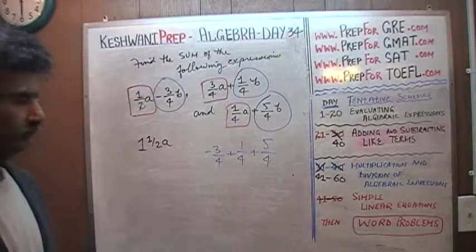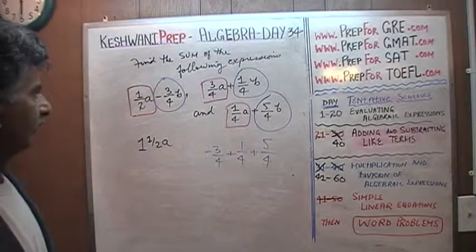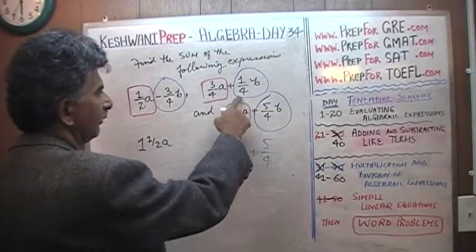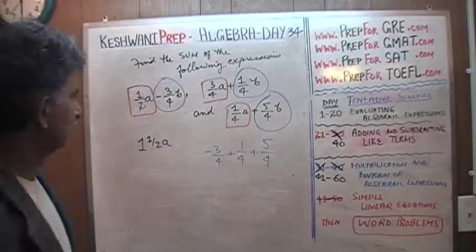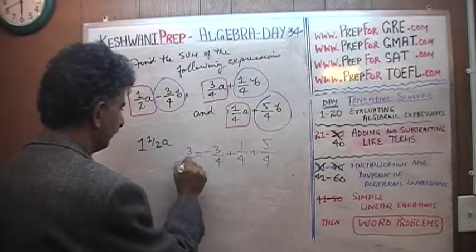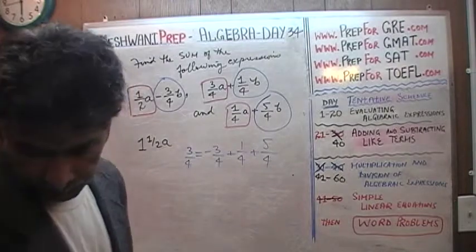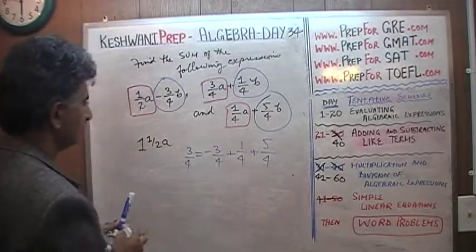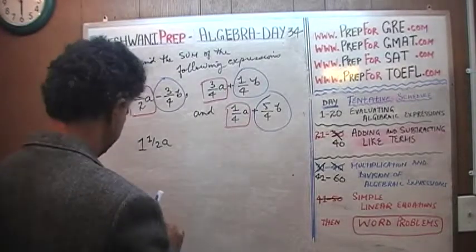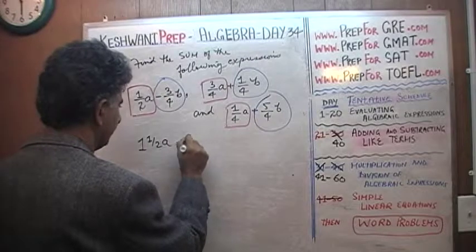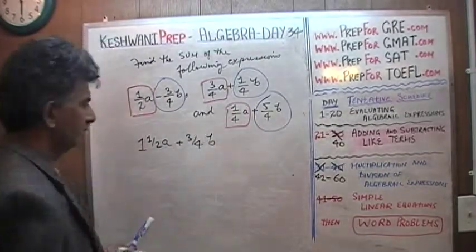Well, that's quite simple since they all have the same denominator, 4. 5/4 and 1/4 will make 6/4. 6/4 minus 3/4 will make 3/4. Voila. So the answer is 1/2 a plus 3/4 b.